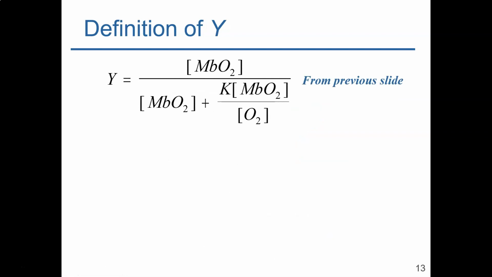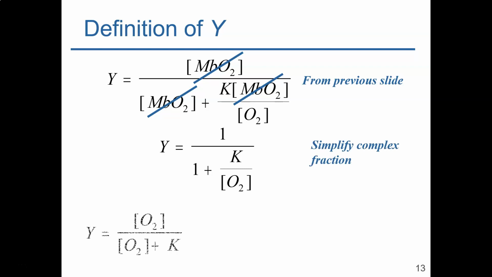To continue, we'll divide through by MbO2 to simplify this fraction, and then we'll simplify the complex fraction, and we end up with Y equals the molar concentration of O2 divided by the molar concentration of O2 plus K.